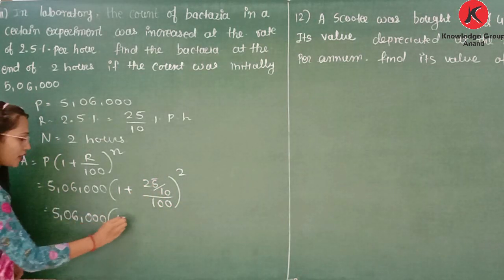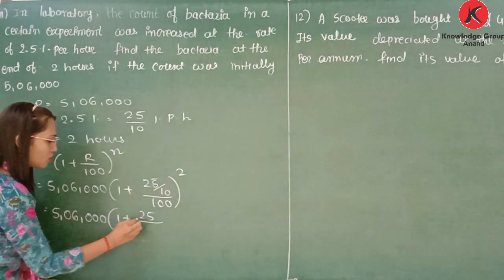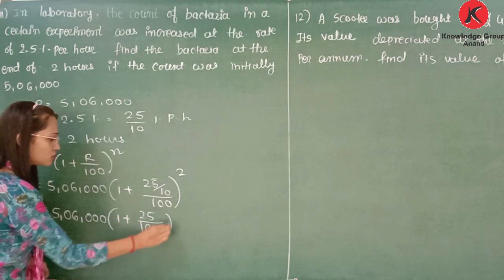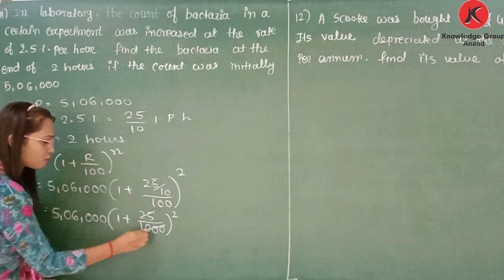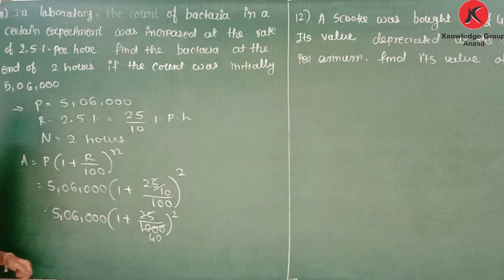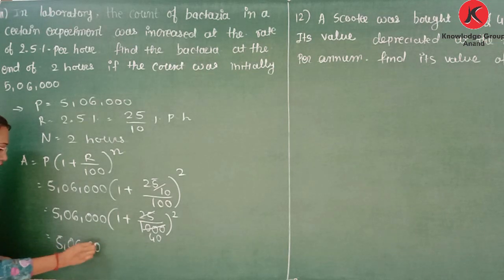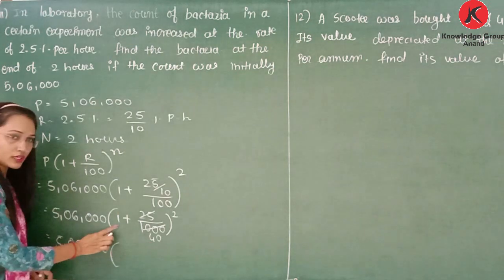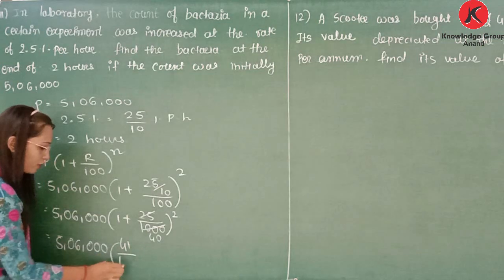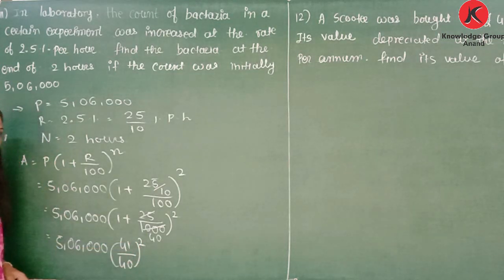506,000, 1 plus 25 by 1000. 10 is multiplied with 100, so it is 1000. 25 4s are 100, so it is 40 in the divide. 5,06,000. Now 40 ones are 40 plus 1, 41 divided 40 raised to 2.